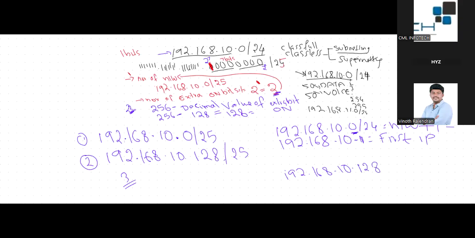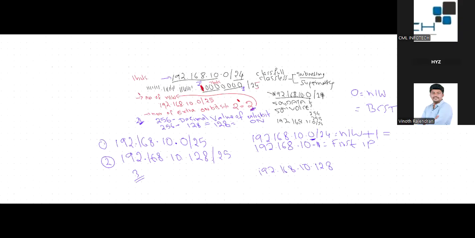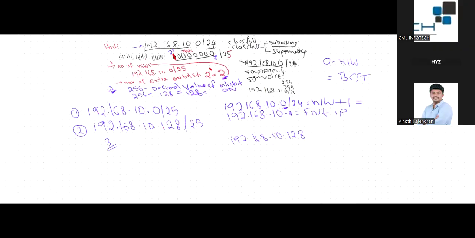So this is your second network, the next network. Now, next network minus 1 is your broadcast.